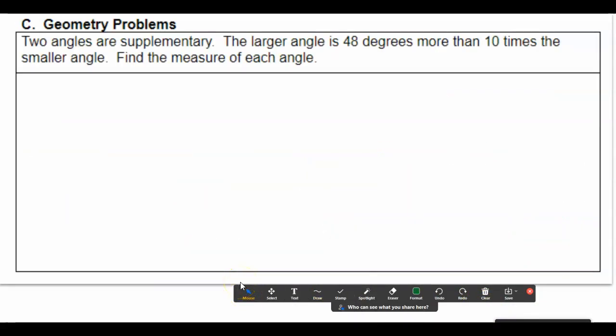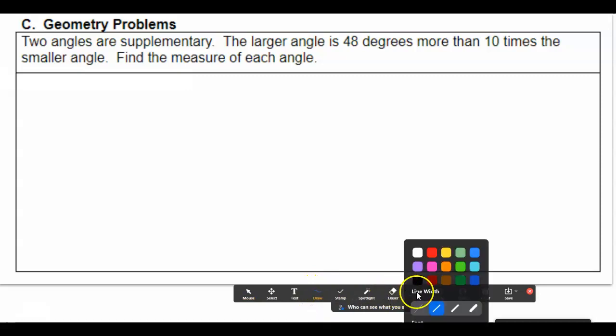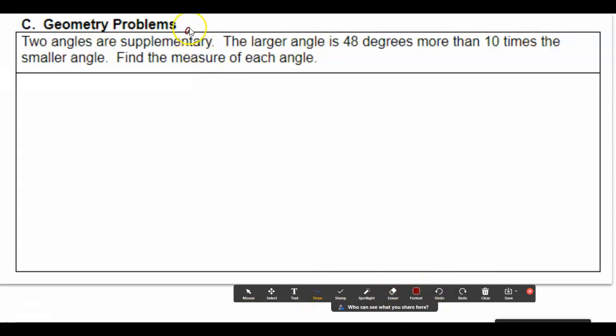Okay, we're going to do a few geometry problems. Two angles are supplementary. So we need to remember that supplementary means adds to 180. The larger angle is 48 degrees more than 10 times the smaller angle. So X is angle 1, Y is angle 2.